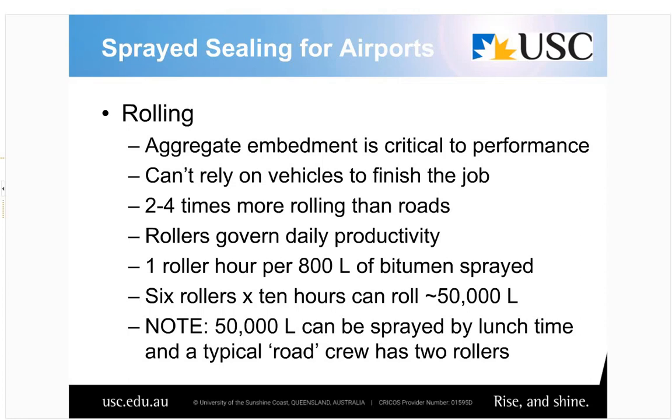But if you want to stick to good practice, and you've got 6 rollers on site, then 50,000 litres in the day is all that you'll ever reasonably get to spray. It's worth noting there that rolling the next day doesn't really count. You can't do 100,000 litres today and then roll it tomorrow without spraying any extra and say you've caught up, because by tomorrow the bitumen will be that much cooler again that the rolling will be much less effective.